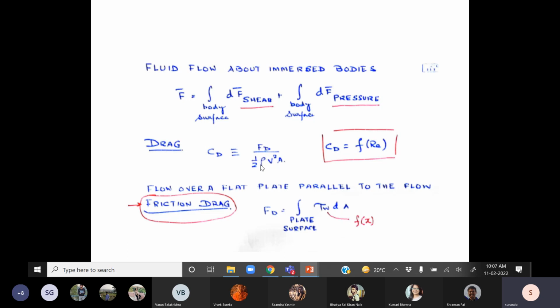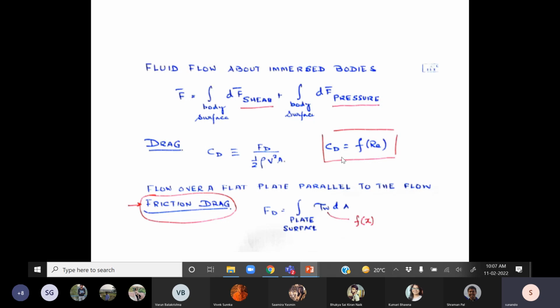So tau w by half rho v square is the friction coefficient, whereas CD is essentially the total drag force divided by half rho v square A.